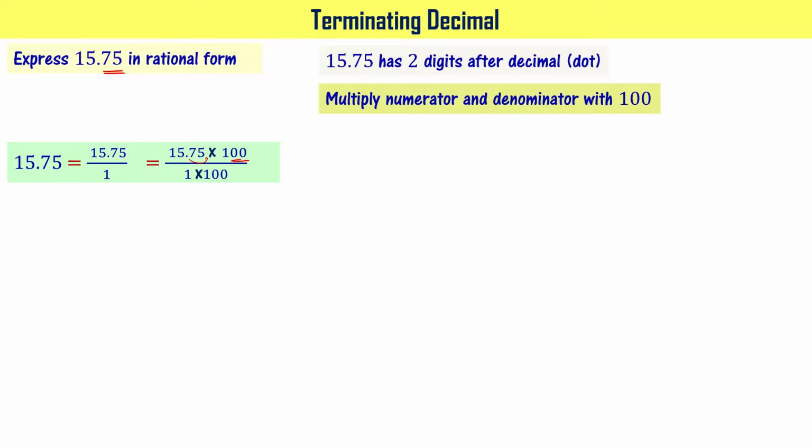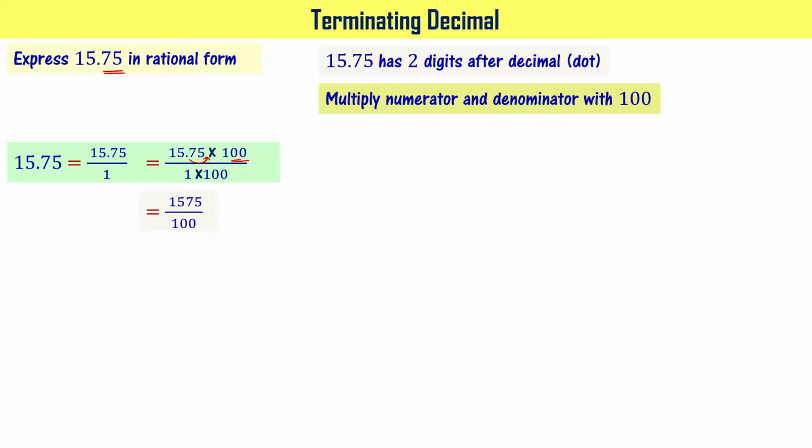That's why it becomes 1575, and the denominator is 100. You can say that 15.75 is equal to 1575 divided by 100. That is one way to say that we have expressed 15.75 in the rational form.